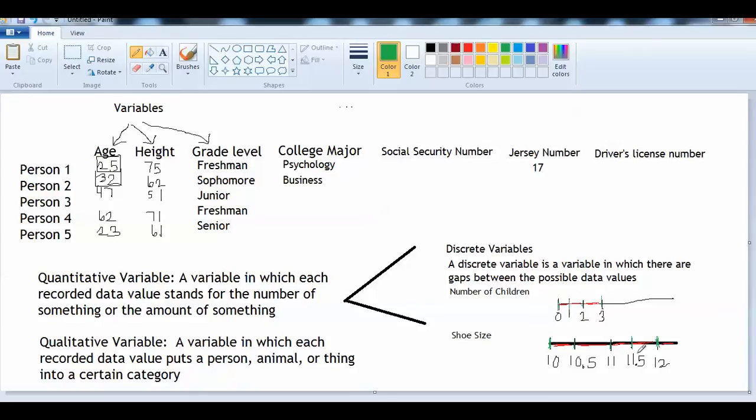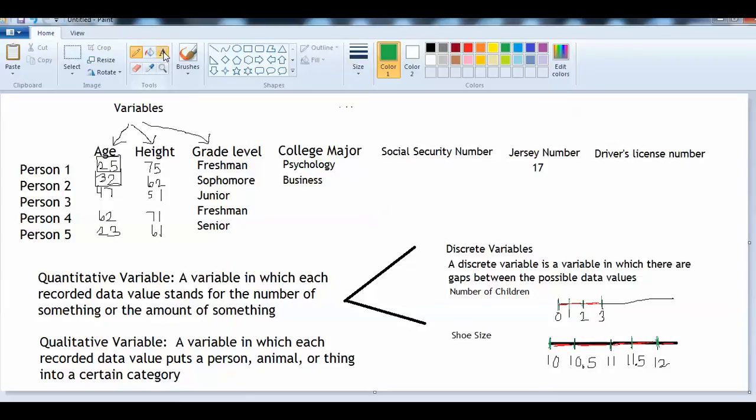So if you bought a full gallon and a quarter gallon, I guess you could buy 1.25 gallons of milk. But there are gaps between the possible values, because a person might never be able to buy 10.8 or 1.8 gallons of milk. So that might also be discrete.